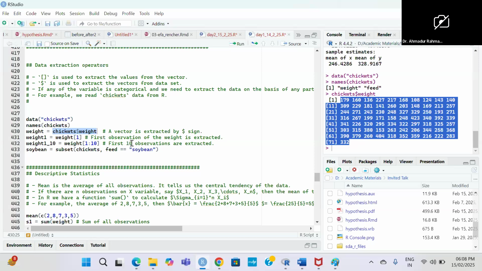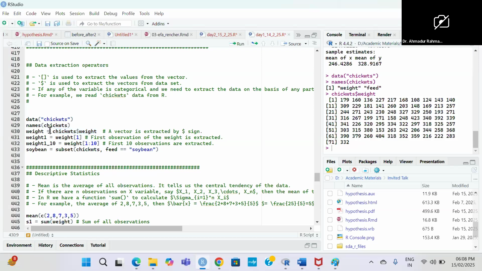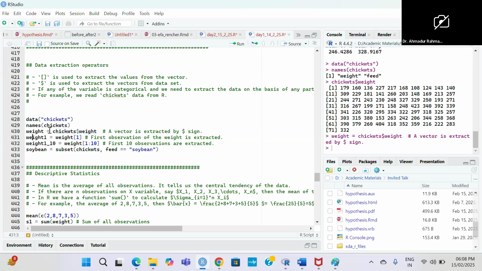Now we want to read only one observation from this weight. First we use this dollar extraction to read a vector, a variable, from the data set. The dollar operator is used.